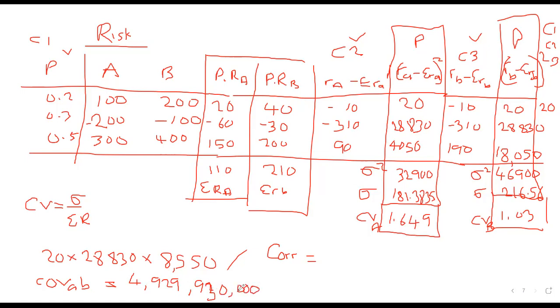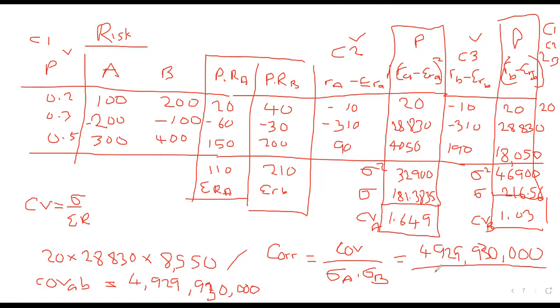So they're positively related. And you find the correlation. You divide the covariance over the standard deviation for A times the standard deviation for B. So the 4 billion 929,930 divided by the standard deviation for A, 181.3835, times the standard deviation for B, 216.56.